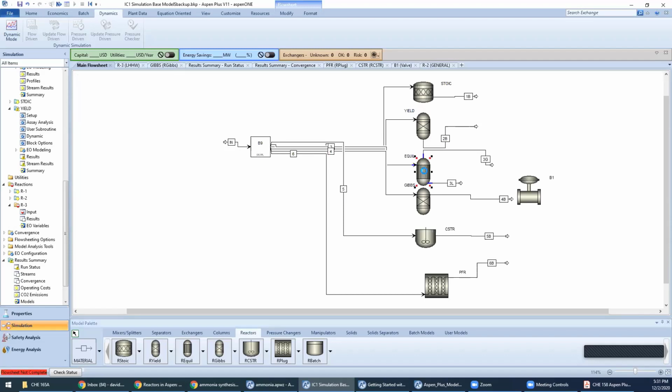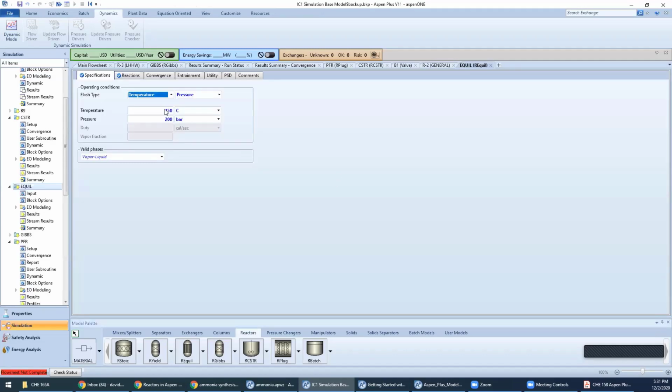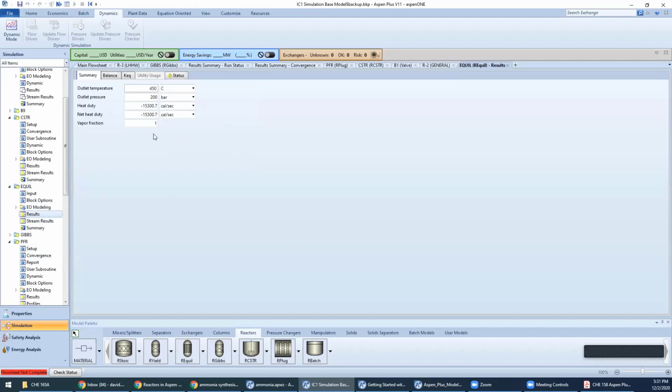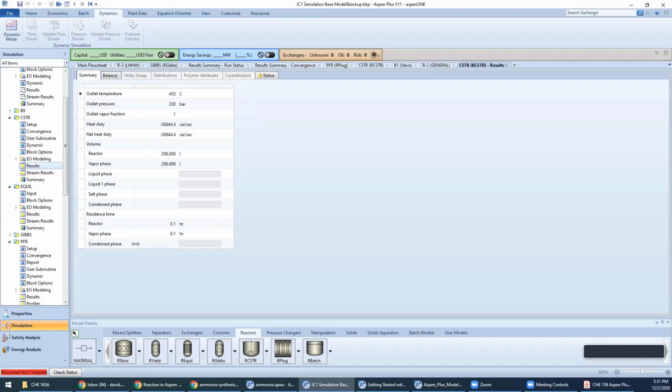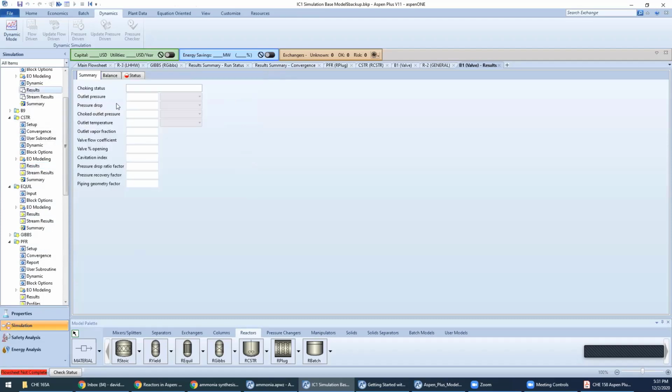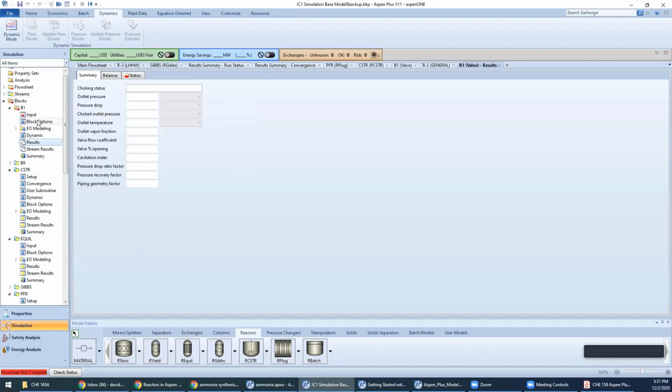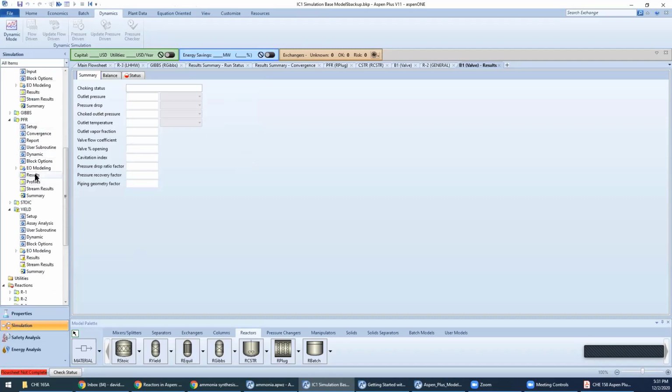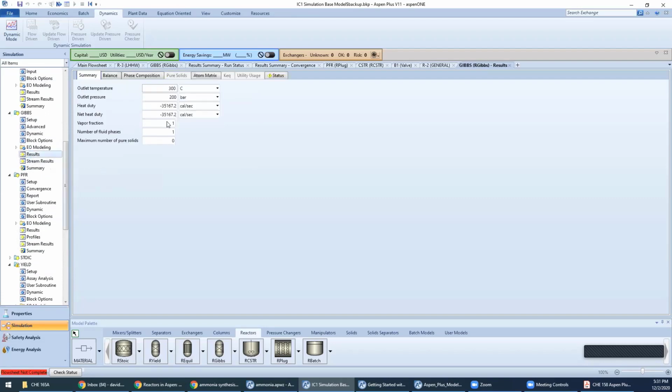So this Equilibrium and Gibbs, they don't tell you anything about how long it'll take. They'll tell you the heat duty on all of these though, if you click on the results. Yes, you can get heat duty from all of these as well.